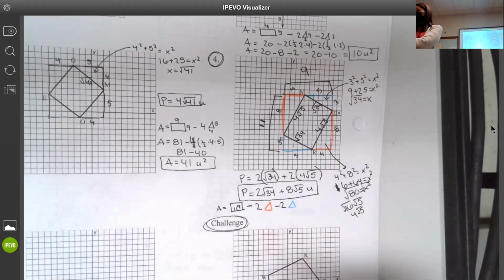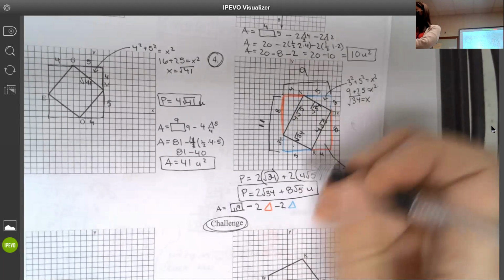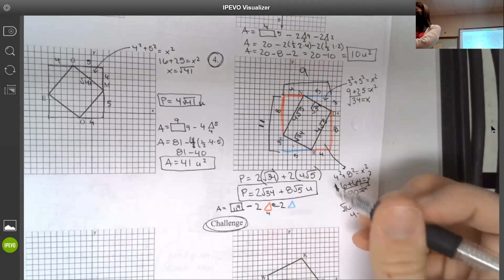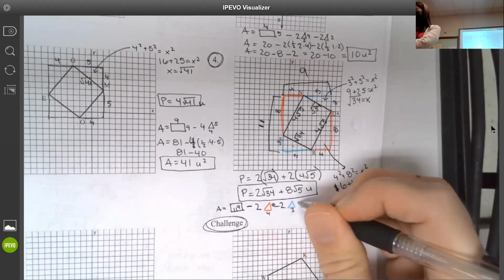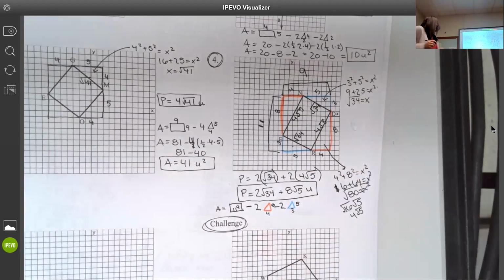And I like to just write the dimensions down here. So the red triangle had legs that are 4 and 8, and the blue triangle had legs that are 3 and 5. Okay, so I already have my dimensions down here. Now I don't even have to look up here again. So I know that this is 9 by 11, 4 and 8, 3 and 5.